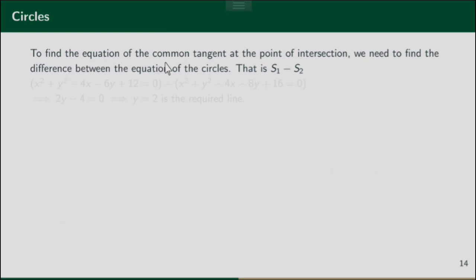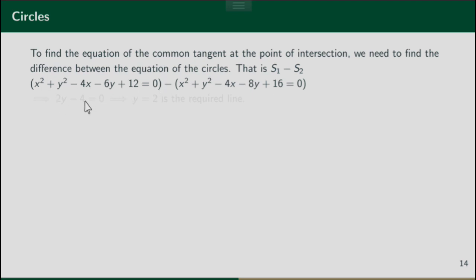To find the equation of the common tangent at the point of intersection, we need to find the difference between the equations of the circles, that is, S1 minus S2, or S2 minus S1. This is the equation of the circle S1, and this is the equation of the circle S2.